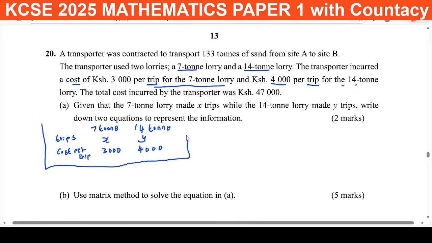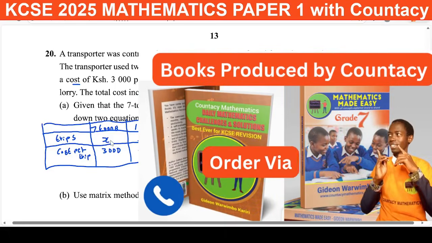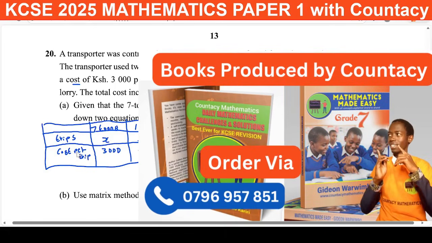You see how wonderful it is to have a pictorial format of something, because it simplifies things, makes it look easier, and is also a good point of reference. So we have the trips, and also the cost per trip.